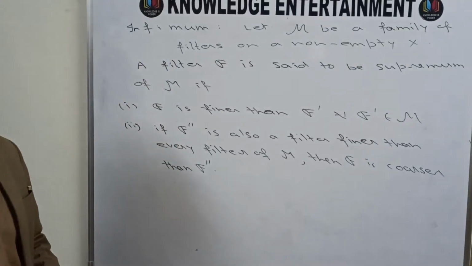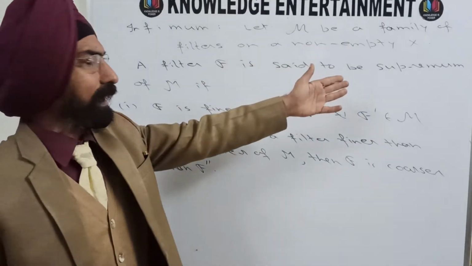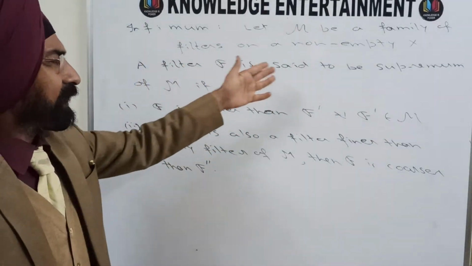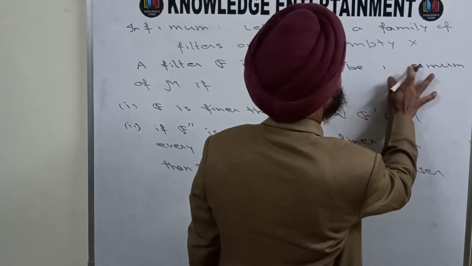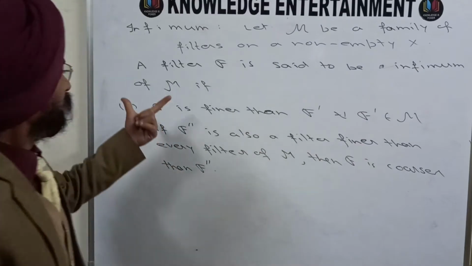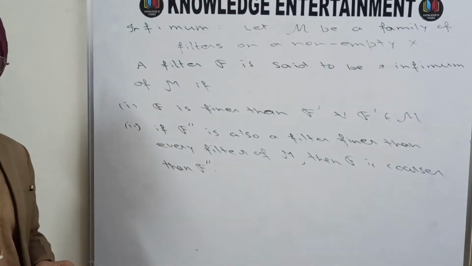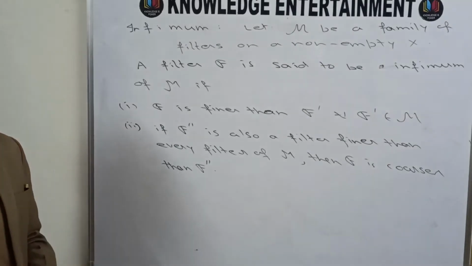of a family of filters. So once again, let M be a family of filters on a non-empty set X. A filter F is said to be the infimum of M if and only if, now you know what to do, just change finer to coarser and coarser to finer.